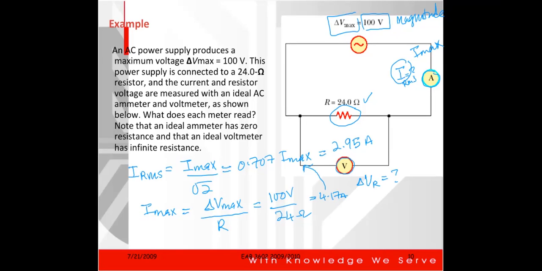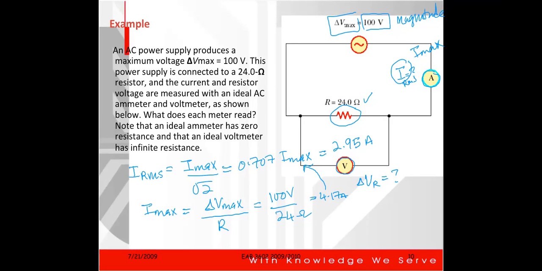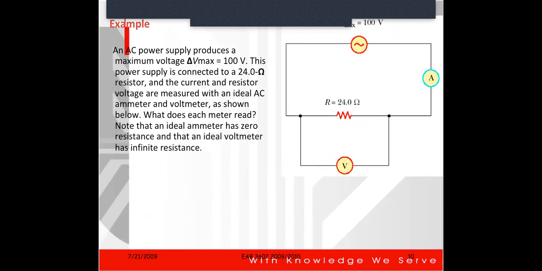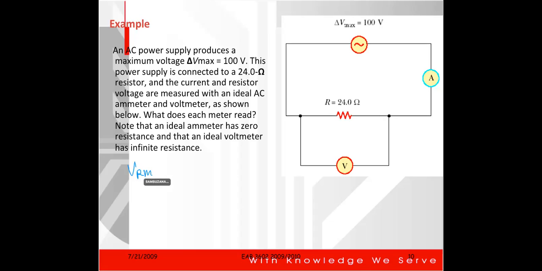Okay, so how do we calculate the voltage RMS pula? VRMS. Sama juga, remember the equation for VRMS. VRMS is equal to delta V max divided by square root of 2 kan? Or is equal to 0.707 multiplied by delta V max. So what is delta V max?